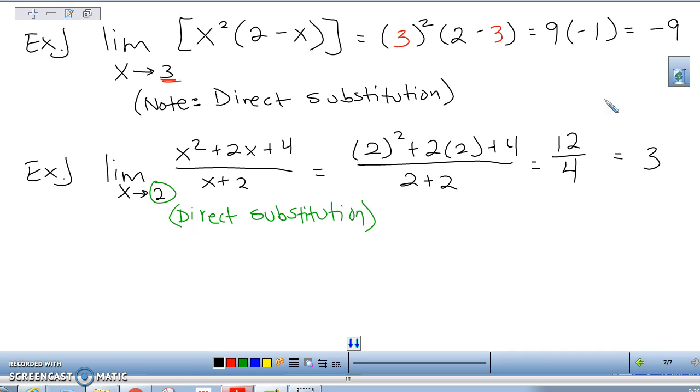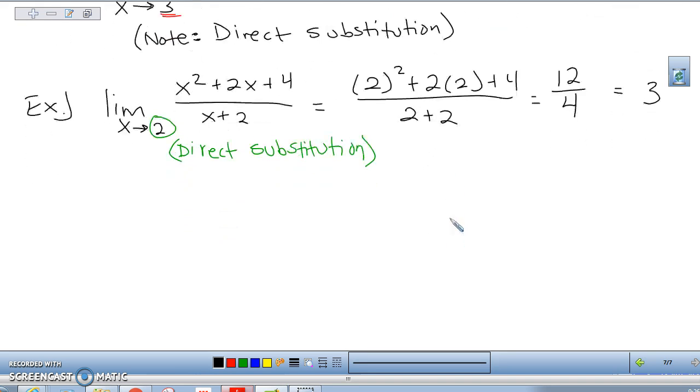We don't always have to graph it. If we're not given the graph, we can find the limit another way. We don't want to spend time graphing, especially on the AP test. You don't want to kill time by graphing when you can do this method.